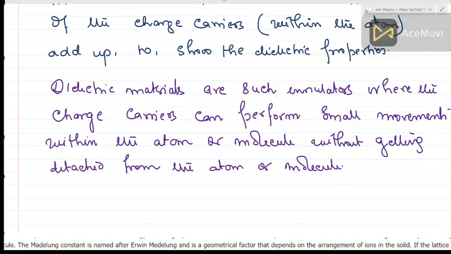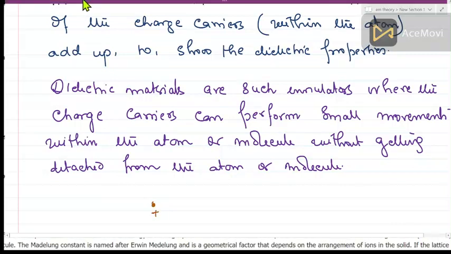Now there are two principal mechanisms by which this motion can occur, and this motion will occur because they are charged particles. They will be influenced by the external electric field. What is the function of the electric field when it is applied to a dielectric? The charge distribution of a dielectric atom or molecule is distorted.